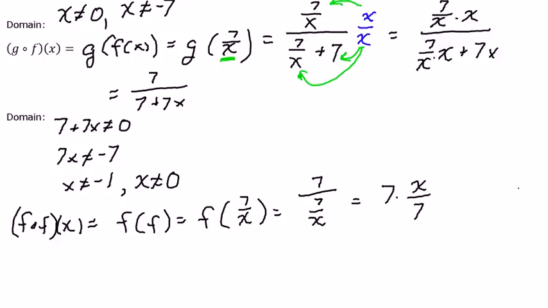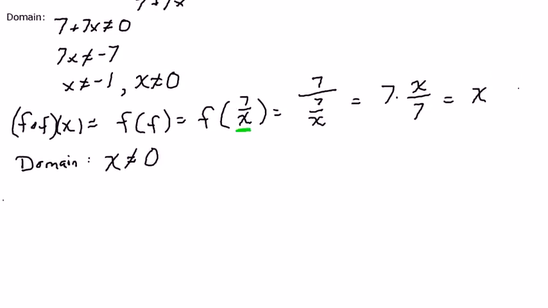So 7 times x over 7, so that's x. The domain of f composite f would be all real numbers if it was just the function x. But we arrived at that x by going through 7 over x, and so we have to exclude 0 from the domain so that we're not plugging in 0 for x into the f function and then plugging that result in.